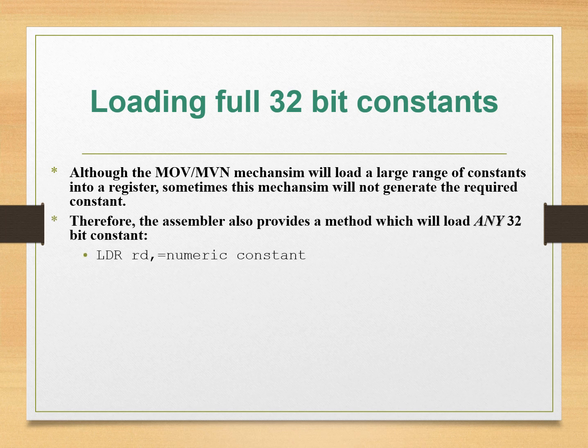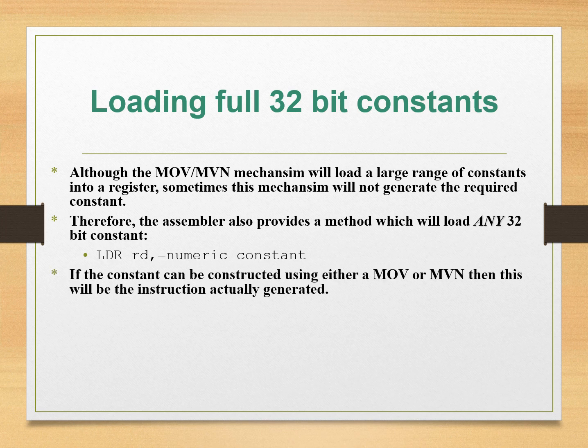So therefore, the assembler also provides a method which loads any 32-bit constant. And this is the way how you can load a 32-bit constant.